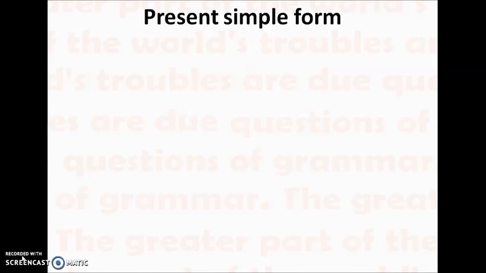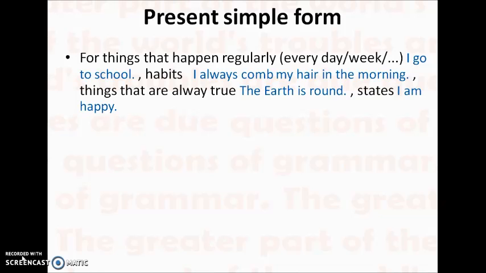Present simple tense is the most basic form in the English language. We use it to talk about things that happen often and regularly, like every day, every week, every month, and so on. For example, I go to school.